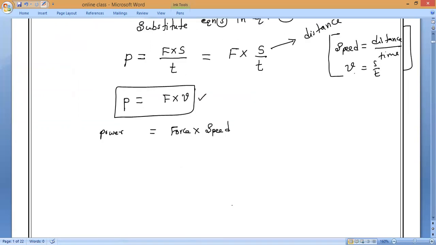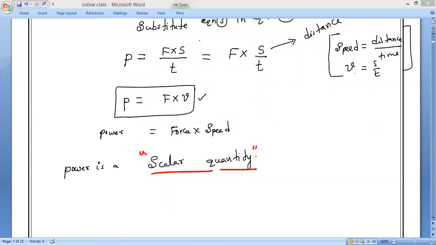So that is why we can say power is a scalar quantity. Is power a scalar quantity or a vector quantity? All of you, power is a what quantity, guys? Please respond. Scalar quantity. All of you should remember that. Please write it. Power is a scalar quantity. What do you mean by scalar quantity?